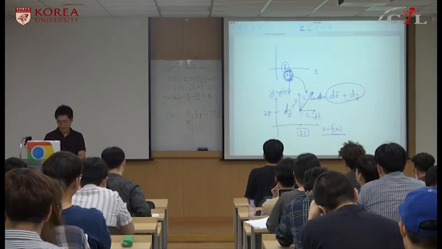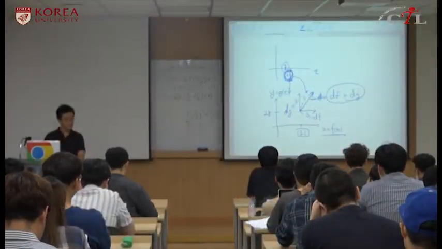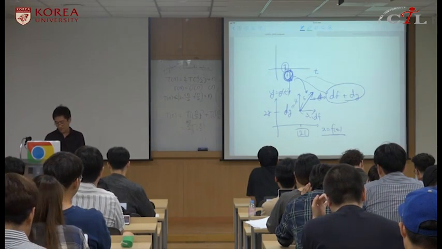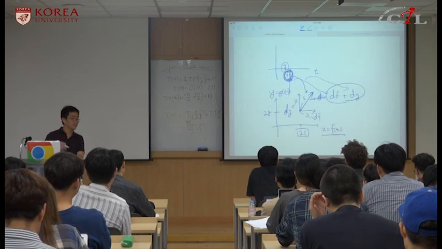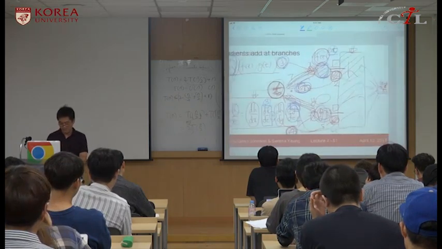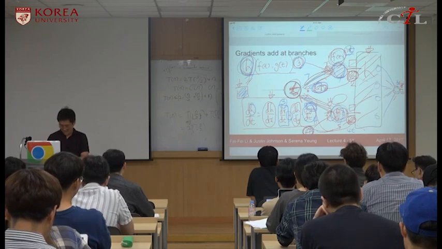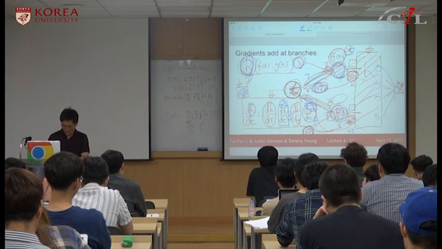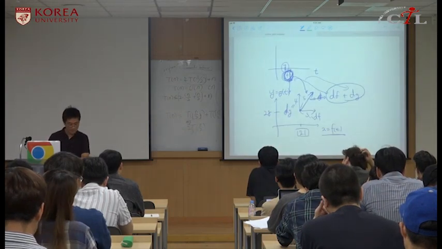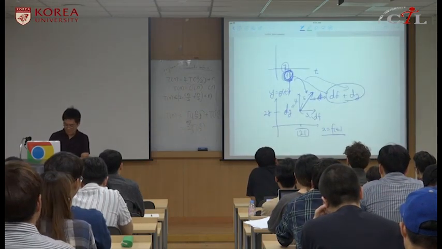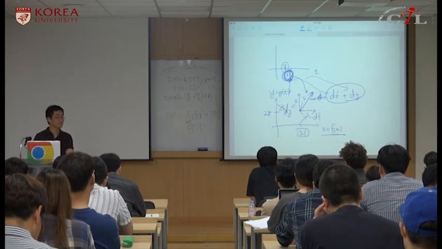So the increment of 1 in t will cause changes in both f and g, and those changes will also be reflected in this function h. That way those two changes should be added together, because this change is not only making changes in f, but also changes in g.